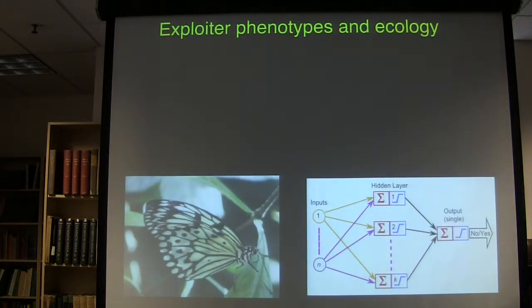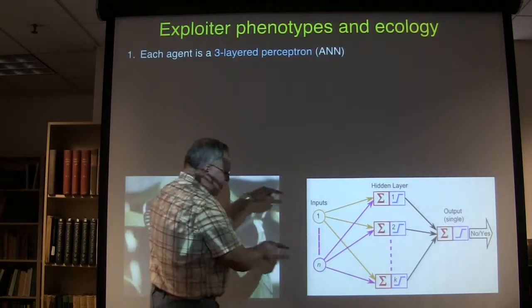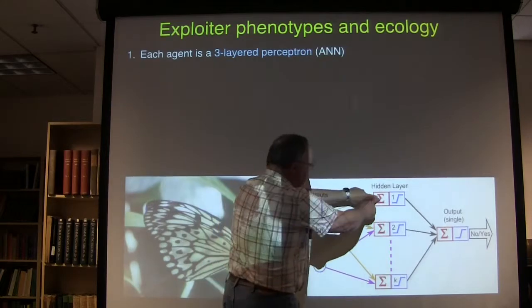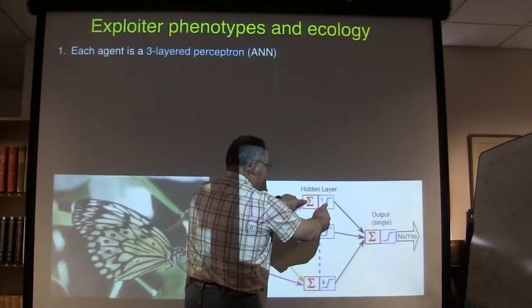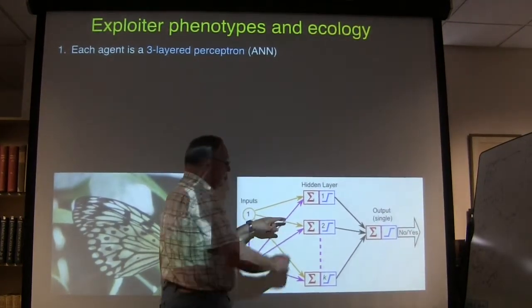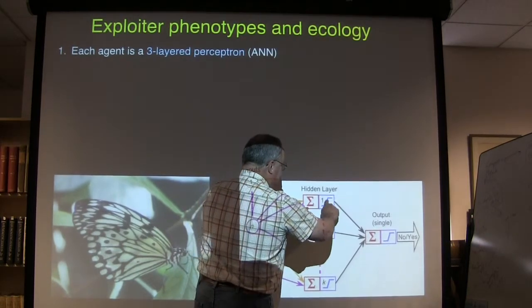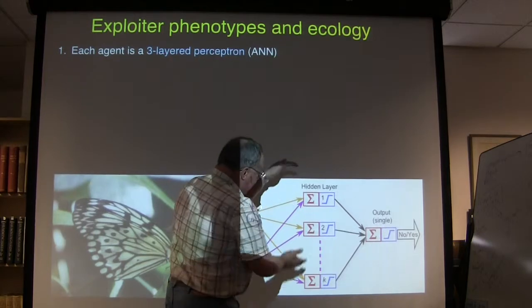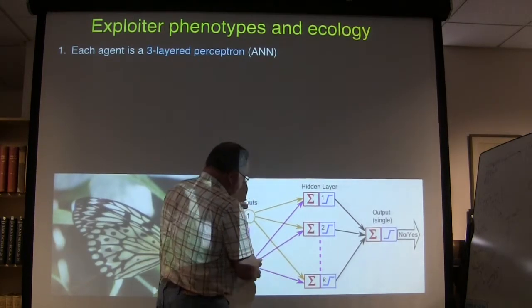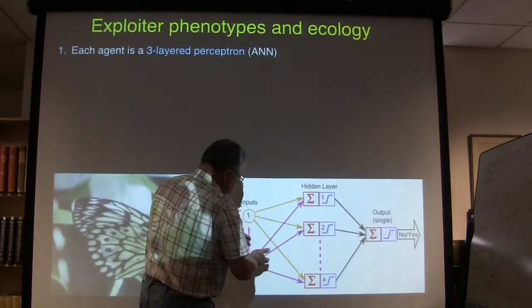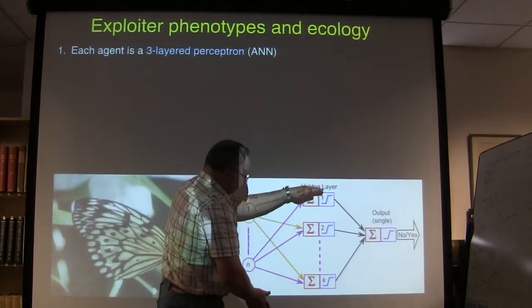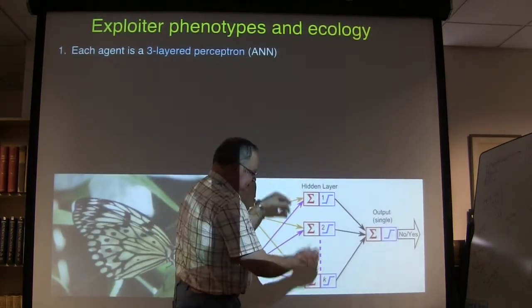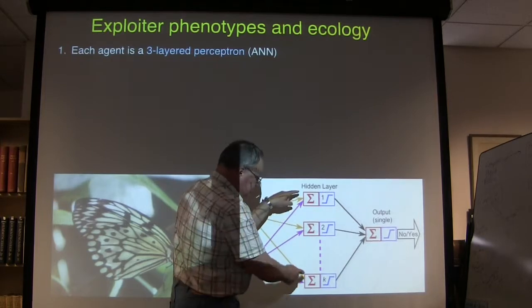So the exploiter phenotypes, each agent in this case has what we call a three-layered perceptron. So the signals come in, these signals get added over here, they get put through a kind of step function, or a gentle step function you can think of as kind of a logistic function or a ramp function. And so this is called a hidden layer, and there are a number of nodes in this hidden layer. So we have two inputs, we can have 3, 4, 5, 6, depending on the discrimination task.